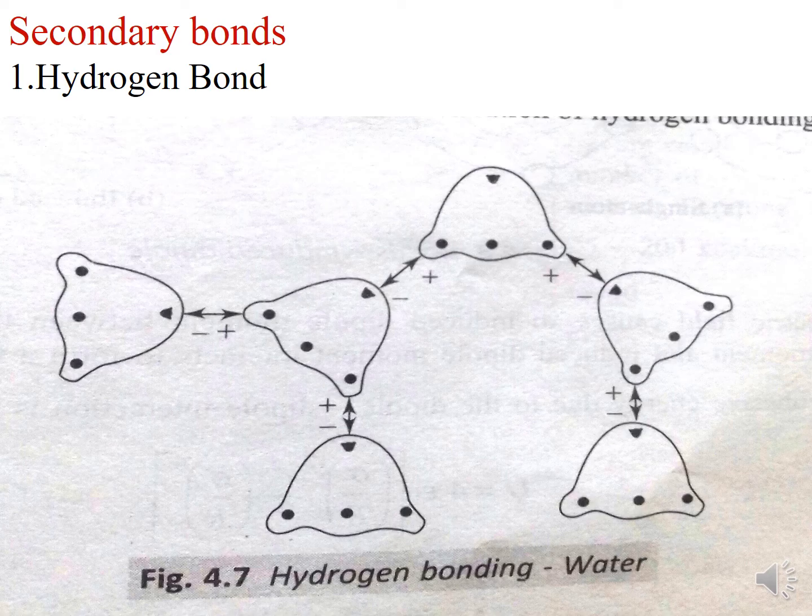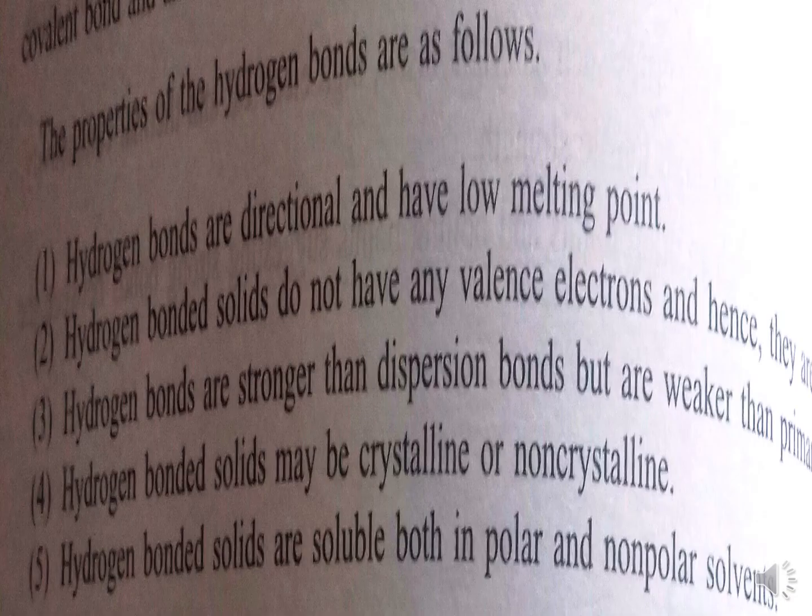For that reason, oxygen shows negative and hydrogen shows positive. And when water molecules come together, there is an attractive force between the positive hydrogen atom and the negative oxygen atom, and a weak bond is formed between two water molecules, as shown in the figure. This is called hydrogen bond.